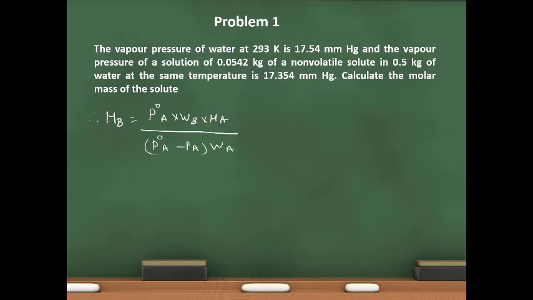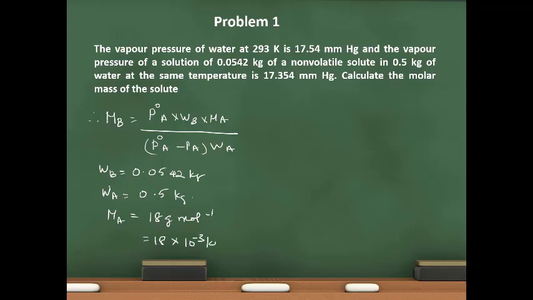into Wa. Now here Wb is equal to 0.0542 kilograms. Wa is equal to 0.5 kilograms. Ma is the molar mass of water, it is 18 grams per mole, or 18 into 10 raised to minus 3 kilograms per mole. P naught A is equal to 17.54 millimeter mercury.